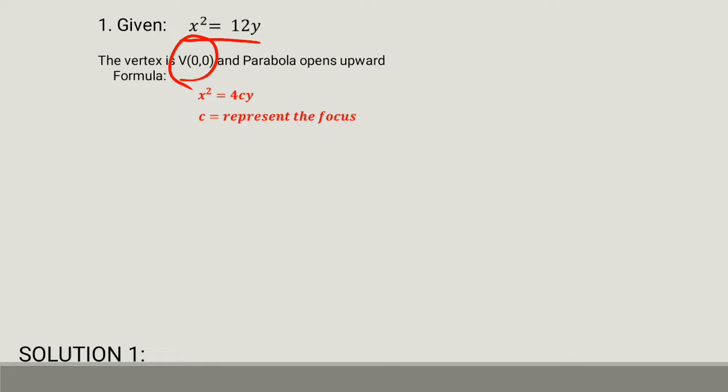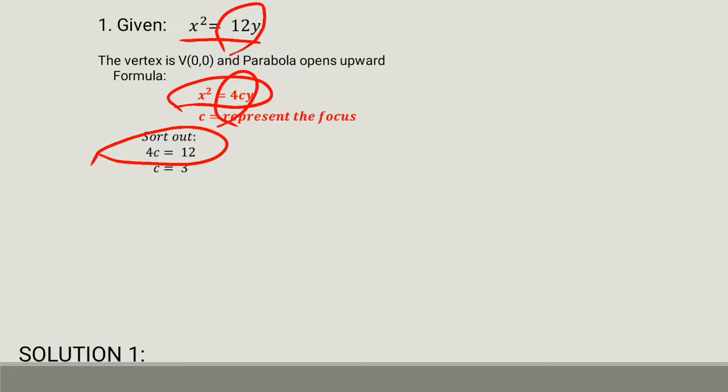Then, i-refer natin yung ating given equation with the given formula. So, meron tayong given formula that is x squared is equivalent to 4cy. Yung c, nire-represent niya ang focus. Okay? So, ang gagawin natin, iso-sort out natin yung 4c and yung 12 nito, pag-equalin natin silang dalawa. So, meron tayong 4c is equivalent to 12.